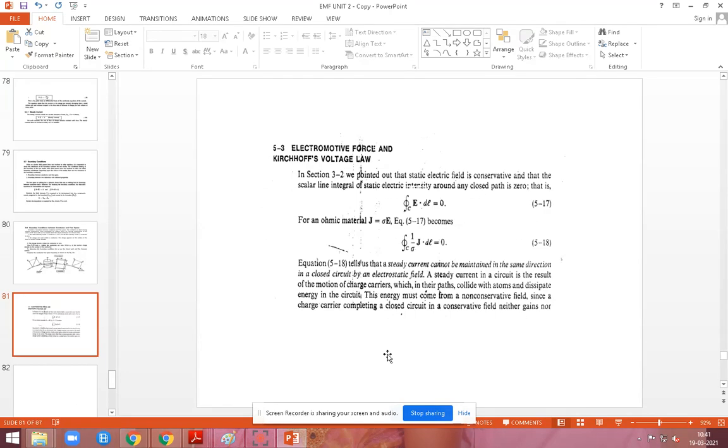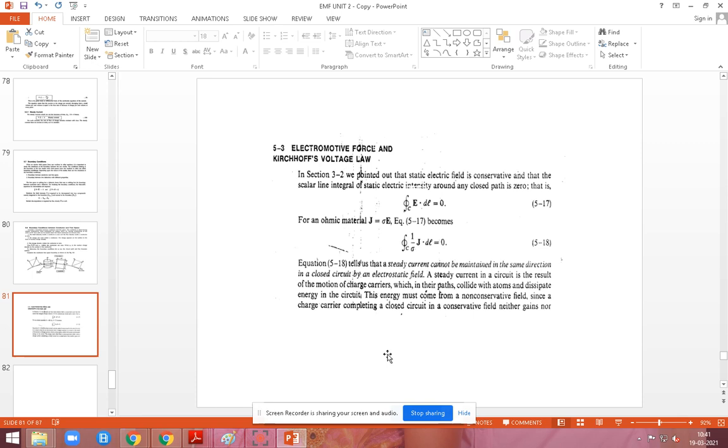Then electromotive force and Kirchhoff's voltage law. So here in electromotive force you are going to apply Kirchhoff's voltage law. I think you all know what Kirchhoff's law is. In a closed path, the sum of all the voltage drops available will be equal to 0. Okay, that is Kirchhoff's voltage law.